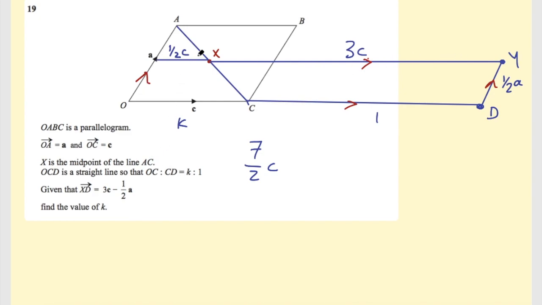Well, what I said before was that essentially what we created here was a parallelogram. So we know that the opposite sides are equal, so OD will be the same length as the top side. So 7 over 2 C is the same as OD.